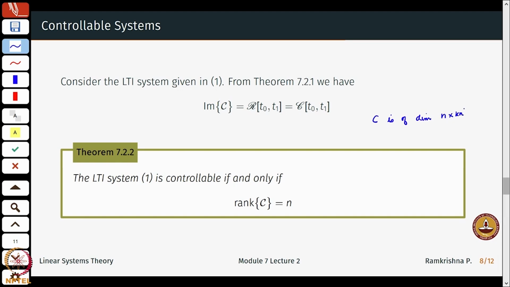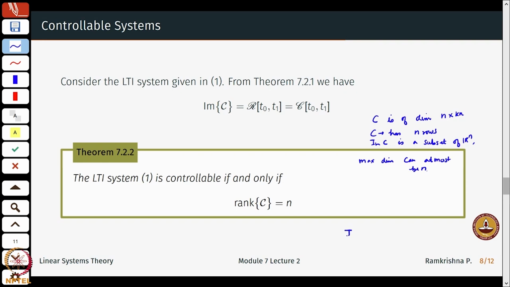So, C has n rows, and the image of C is therefore a subset of Rn, and the maximum dimension therefore can at most be n.